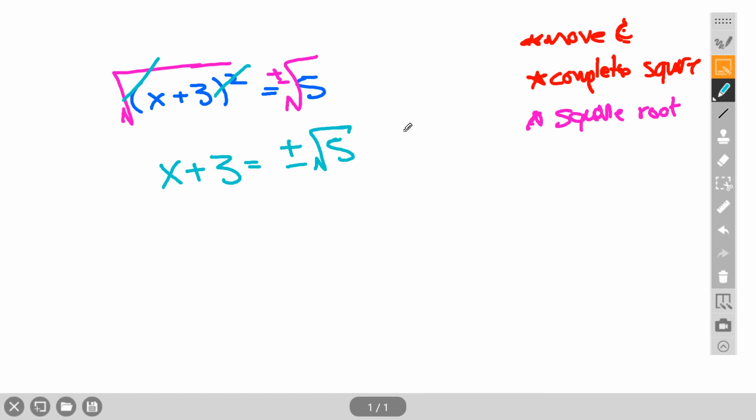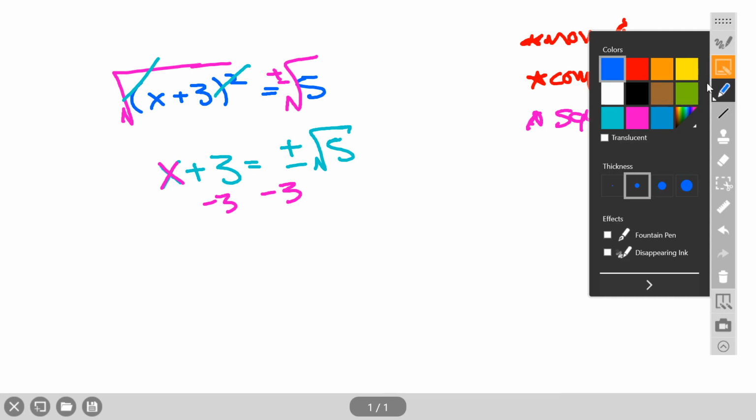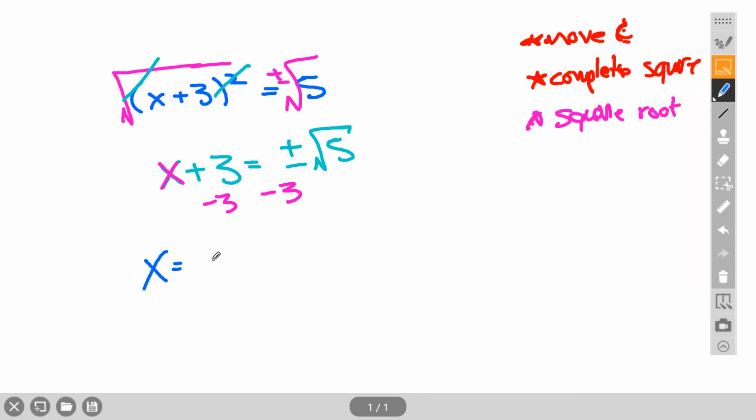The square root of 5 cannot be simplified. There's no factors that I can bring to the outside, so we're just going to leave it as the square root of 5. I now want to get this x by itself, which means subtracting this 3 to the other side. Now I have my solutions.